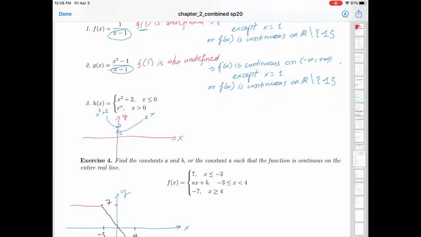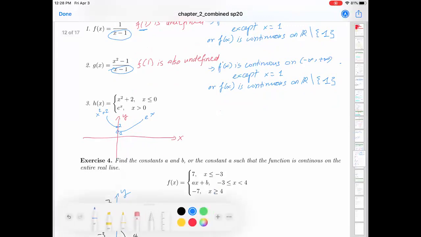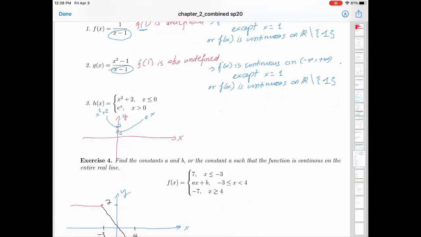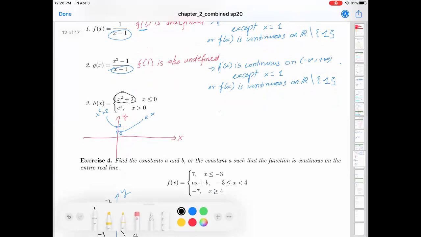Here, in the third example, the function h of x is a piecewise function. When you have a piecewise function, you have to be careful where the function breaks down. So look at this example here. This is the function x squared plus 2 when x is less than 0.